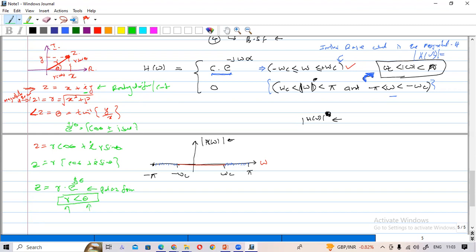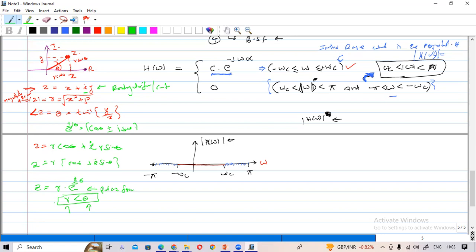So using the magnitude and phase, you can completely identify a complex number. If you know r and theta, r cos theta, r sin theta, then you can find this z.